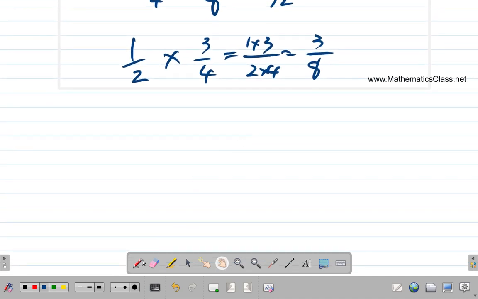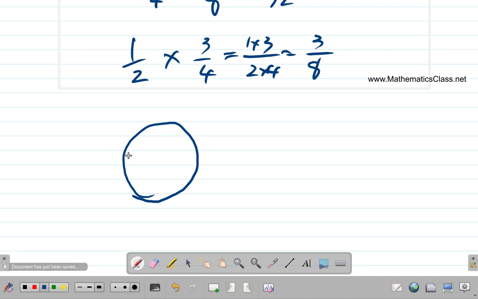Now, suppose you have a circle, and you say half multiplied by 3/4. What does that really mean? If you have quarters, now 3/4, I mean this, and this, three of them.